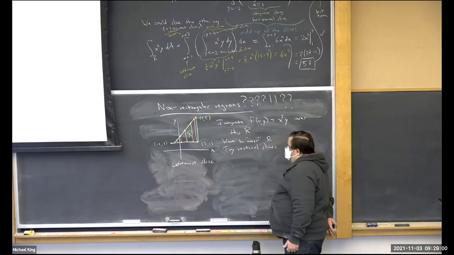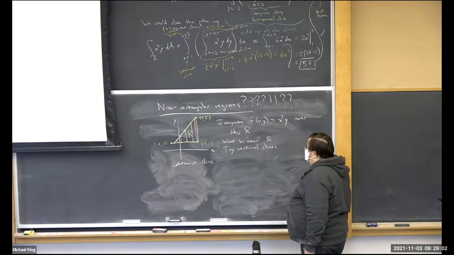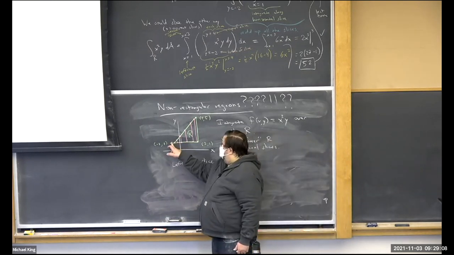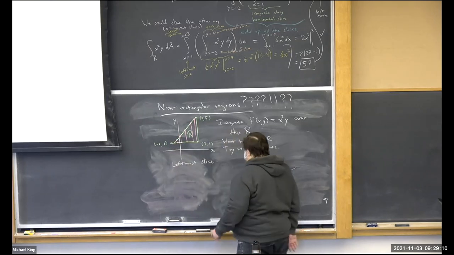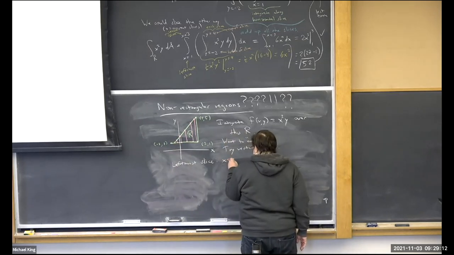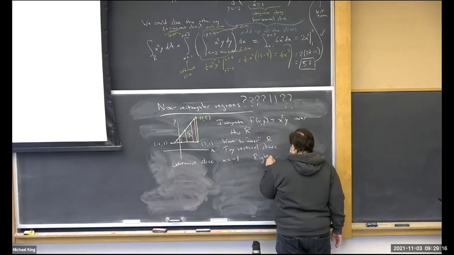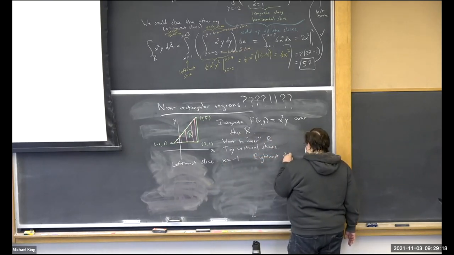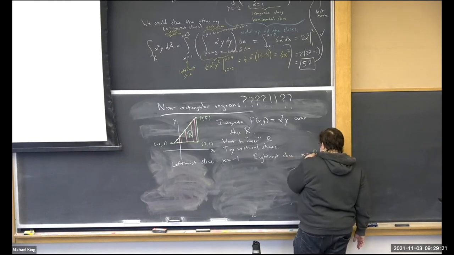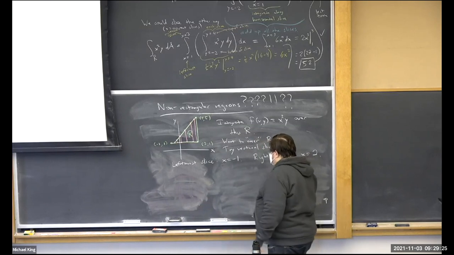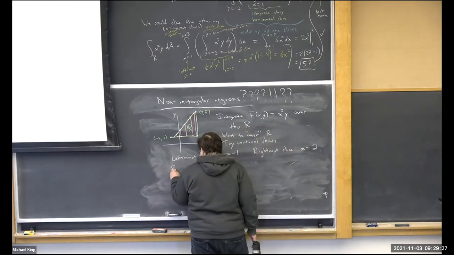What's the leftmost slice? X equals -1. These slices get tinier and tinier, right? So there's an x equals -1 slice there. The rightmost slice is x equals 2, right here, right? Here's the part that's a little tricky. So bottom of each slice, well, this is not tricky.